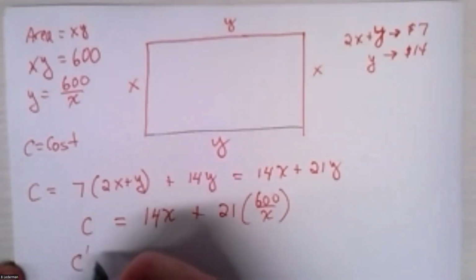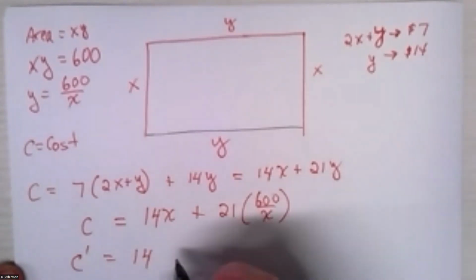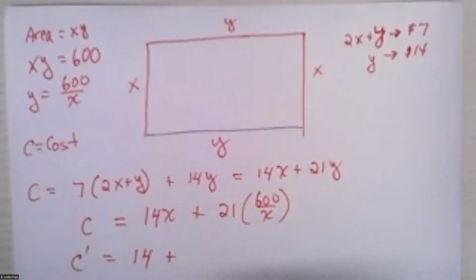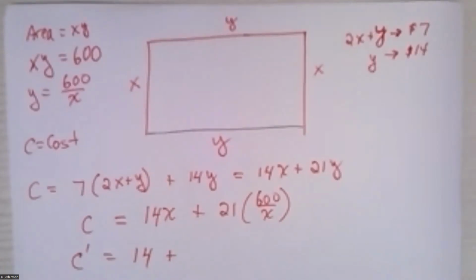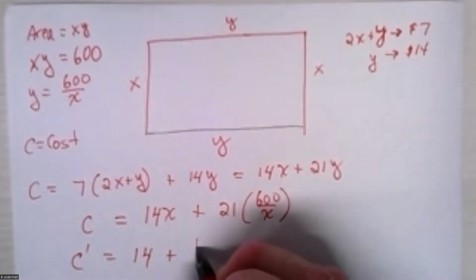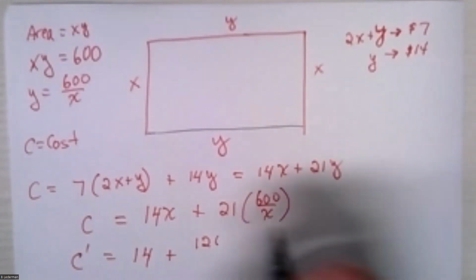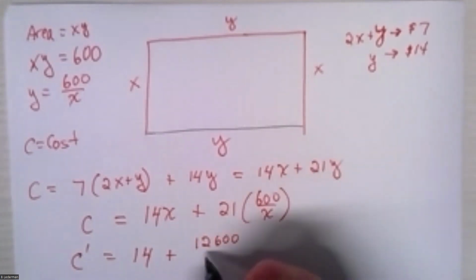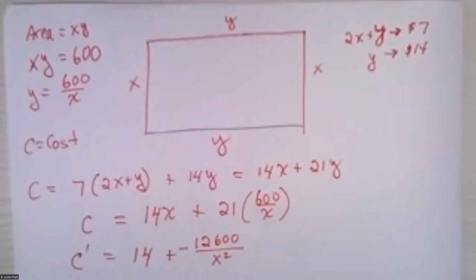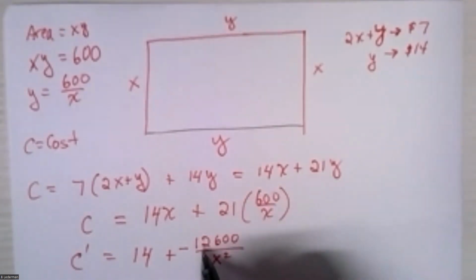Let's get C prime. C prime is equal to 14 plus 21 times 600, which I'm just double checking. 21 times 600 is 12,600.